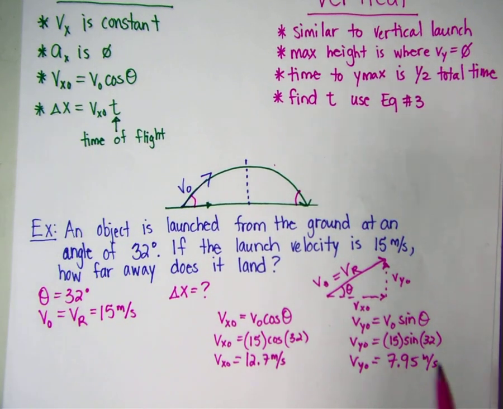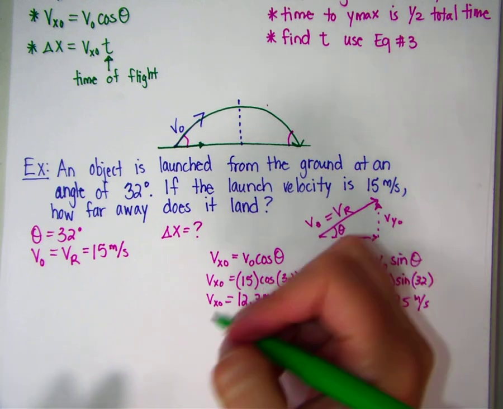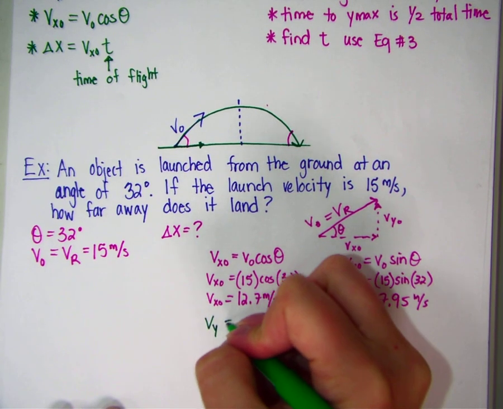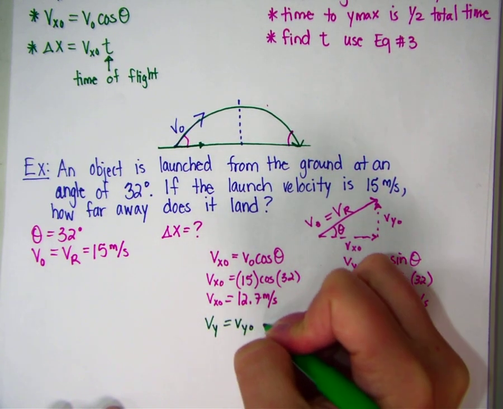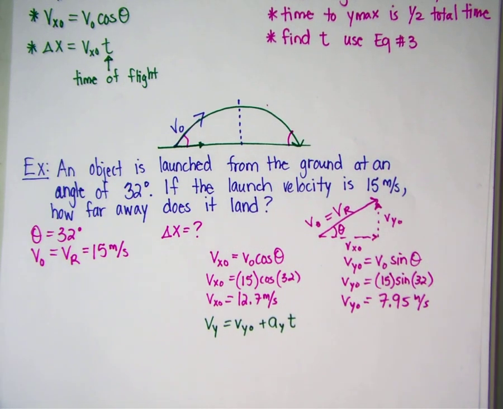The reason why you needed to find the vertical component of the velocity is to find the time. Remember, we said we're going to use equation 3 to find the time, which is this one. Now, there's two ways that you can solve for t.